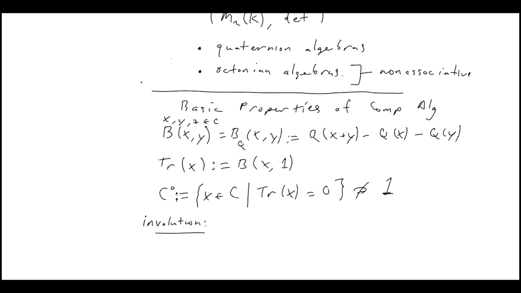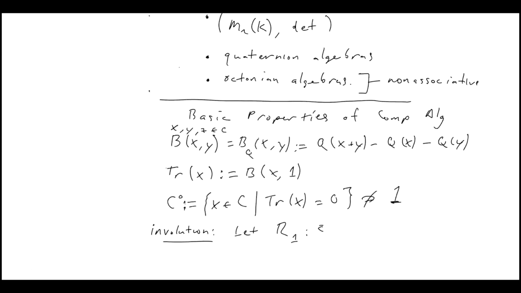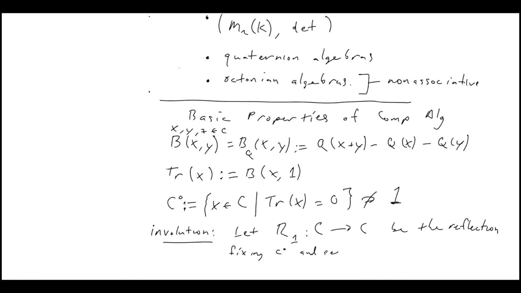Okay, so let's let R sub 1, which goes from C to C, be the reflection which fixes the trace zero elements and sends 1 to -1.